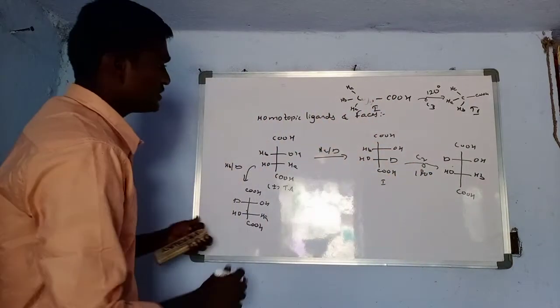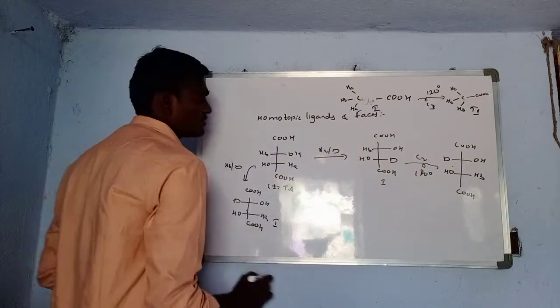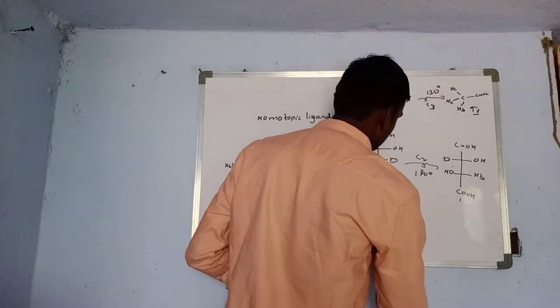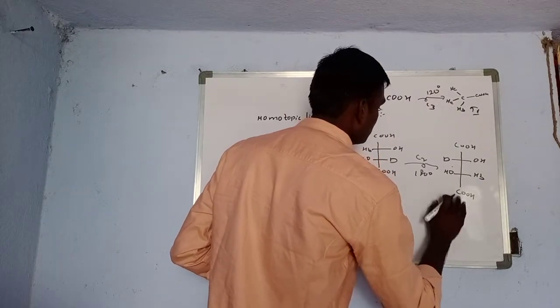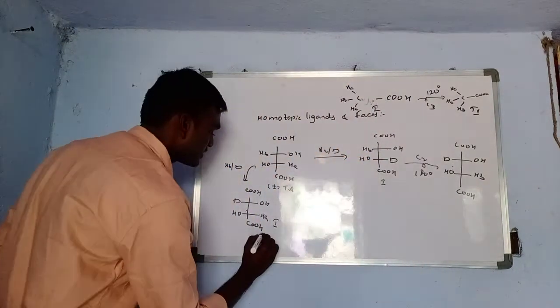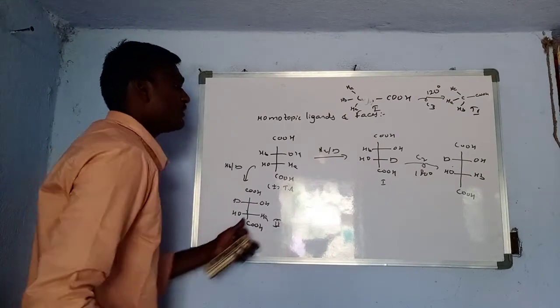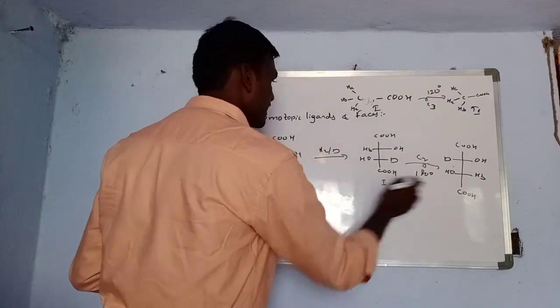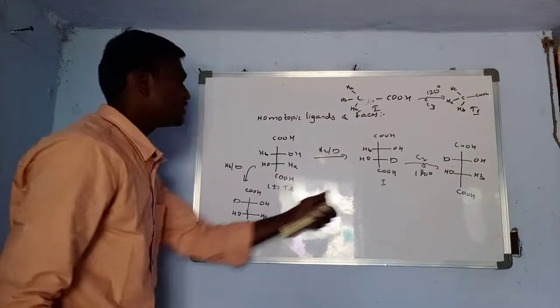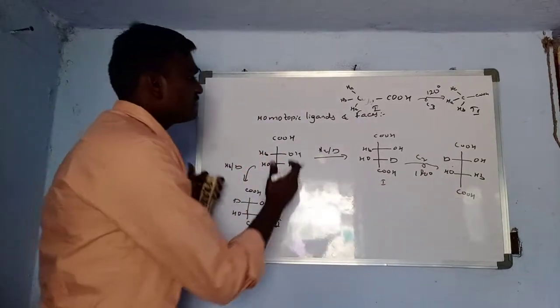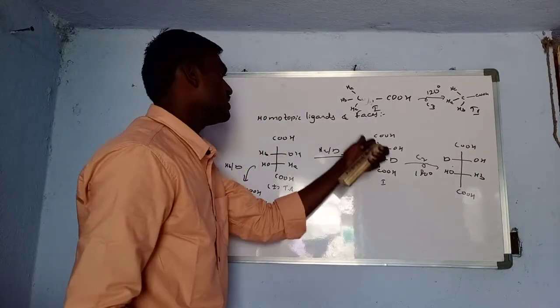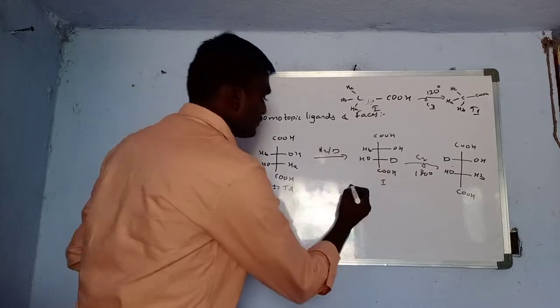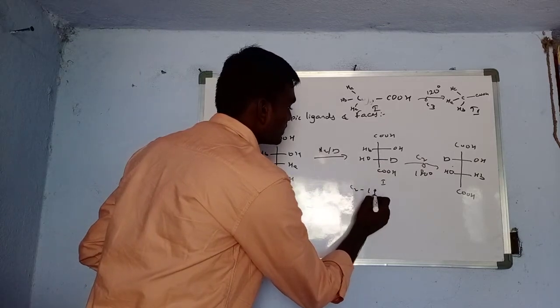If this is structure 1, this is the rotation of the axis, and this is structure 2. By seeing structure 1 and this structure, both are the same.